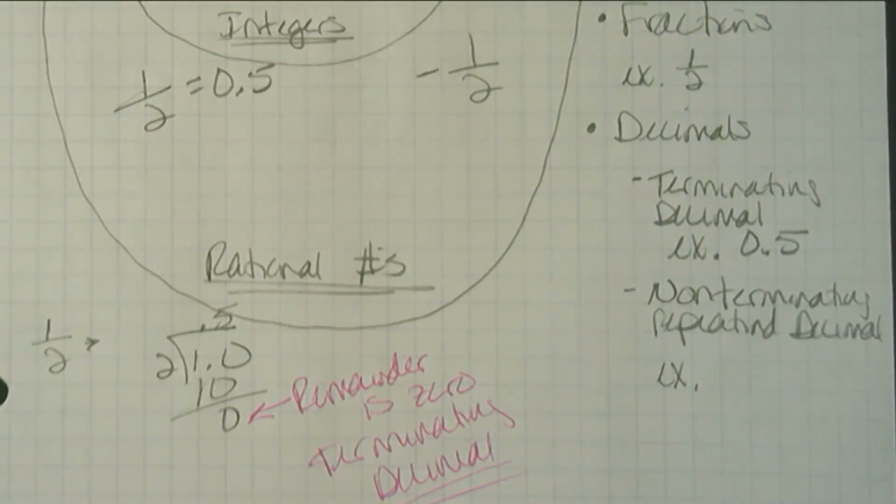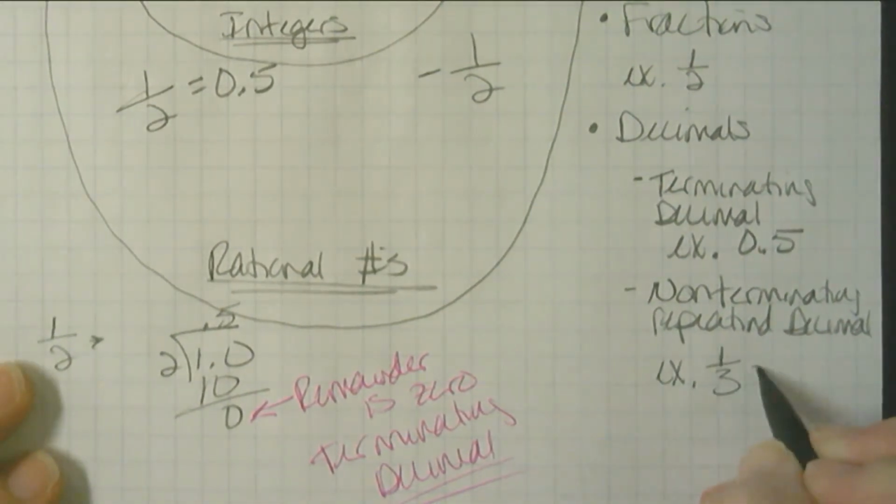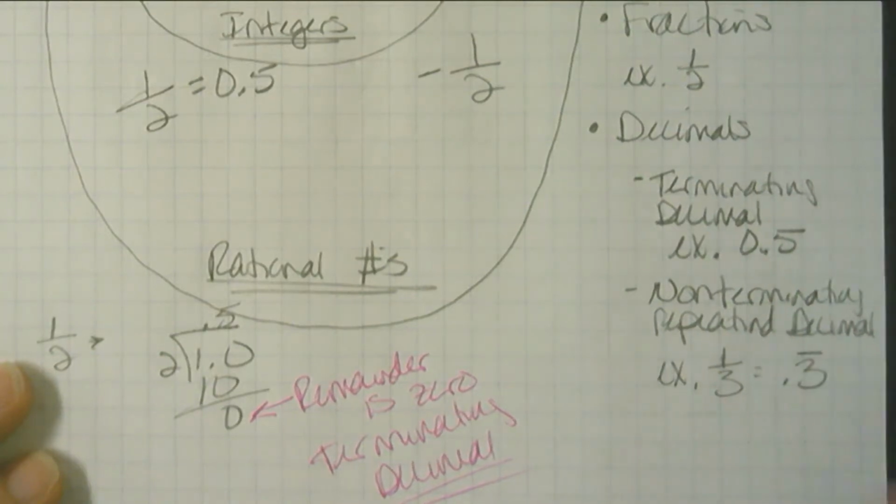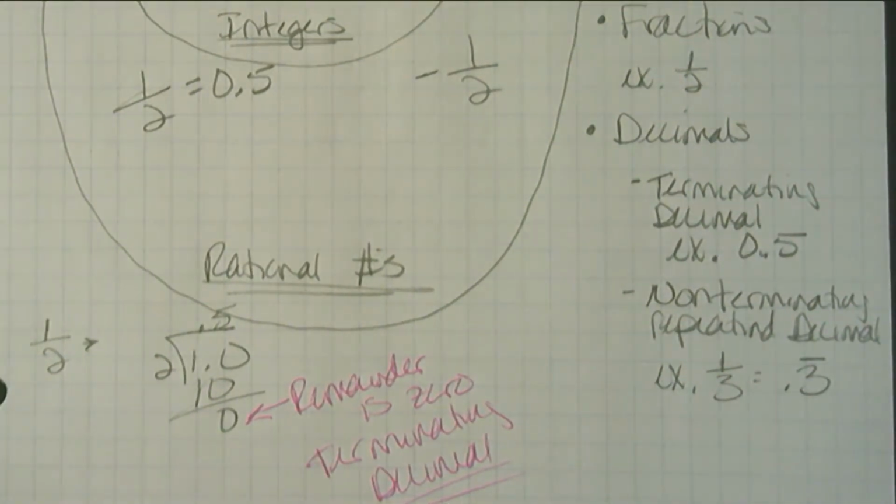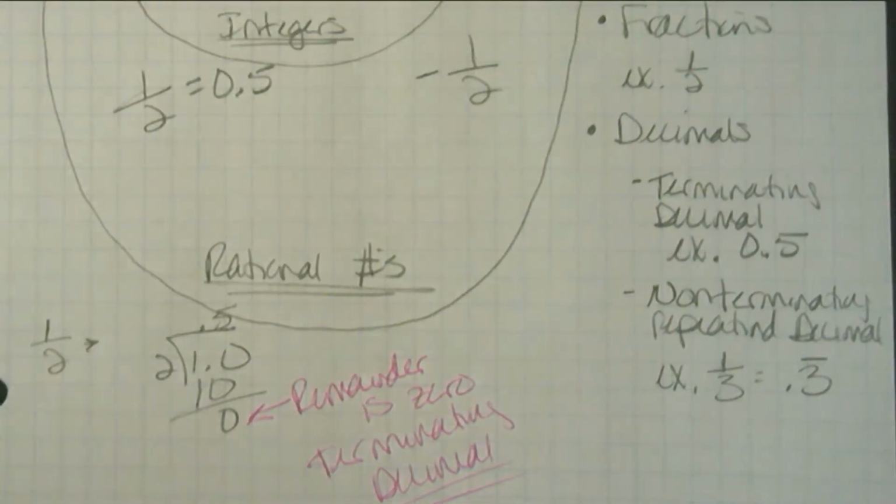Yes, 1/3. 1/3 is 0.3 repeating. That means when I do the division, I have a pattern that it keeps repeating.